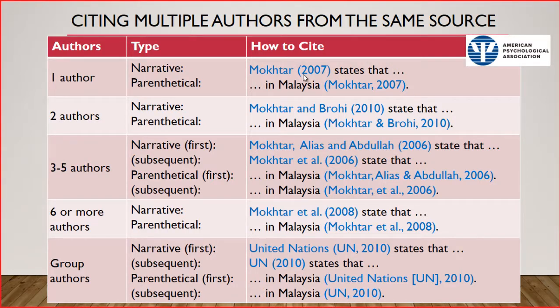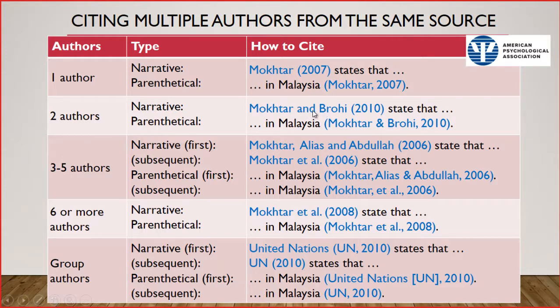Now, what if you have two authors, two persons in one article? You have narrative. Let's say two persons, Mohta and Brohi. Brohi is actually my PhD student a long time ago from Pakistan. So Mohta and Brohi, with A-N-D, because this is part of the sentence, you must use "and".